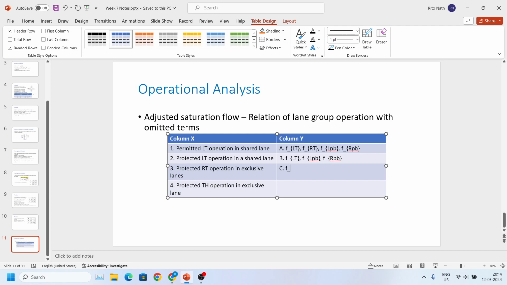C is FLU, FB, FRT. And D is FLU, FRT and FRP. So what would be the answer to this question?